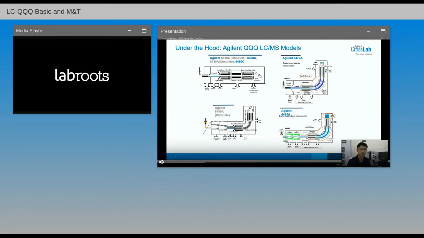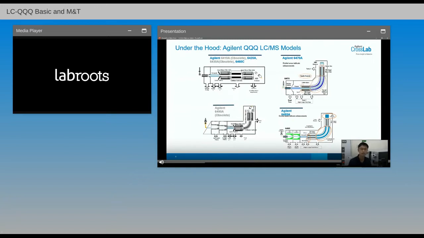So Q1 is the first quadrupole, which is a mass analyzer, and this samples the ions depending on the method that you set, be it a scan, or perhaps an MRM, which is a specific ion. Then we have the second Q, which is the collision cell.